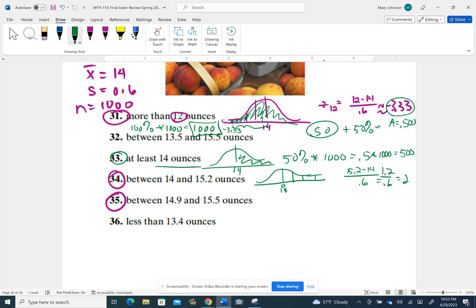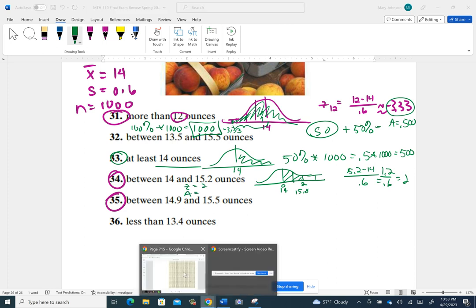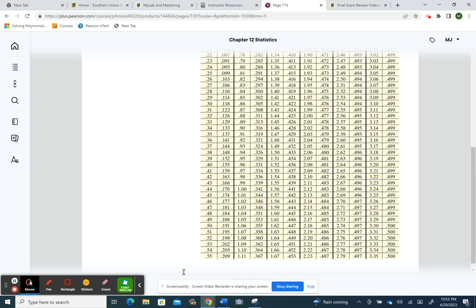So it says determine the number of peaches between 14 ounces, and I know I'd be right here when I'm at 15.2. I need to find that. And what I'm going to do then is look at, so this is a Z of 2. I'm going to get the A value associated with a Z of 2. So I go here, I go to 2 and get 0.477.